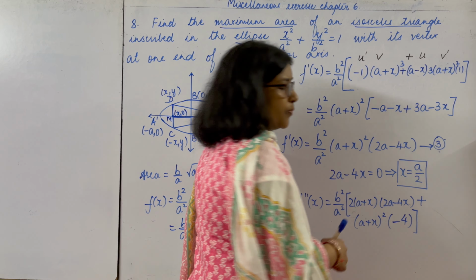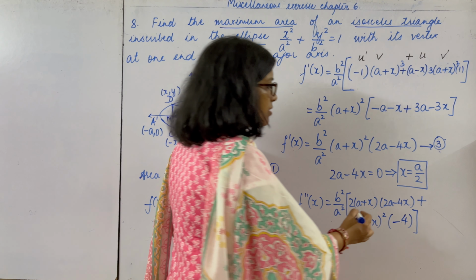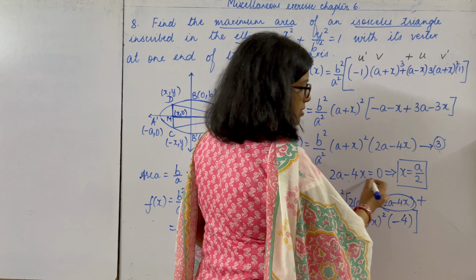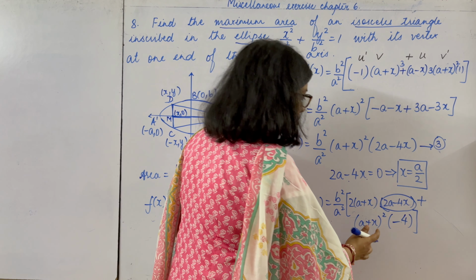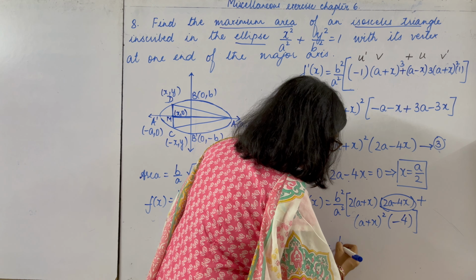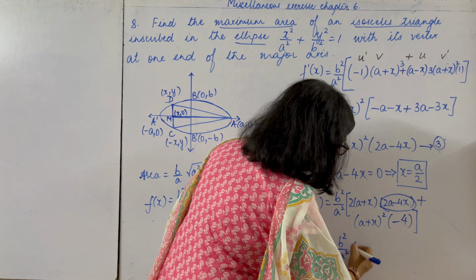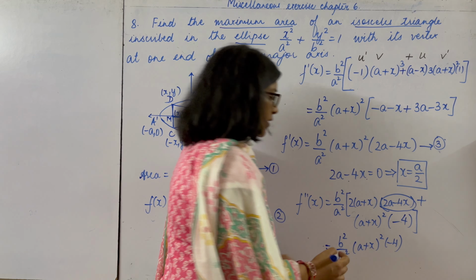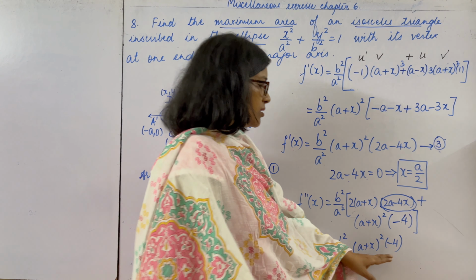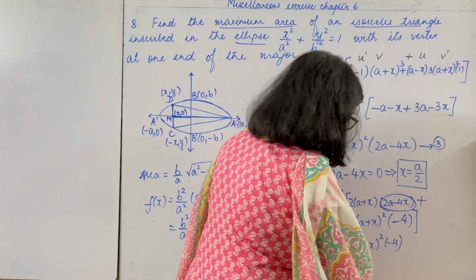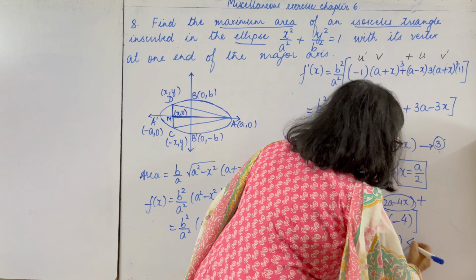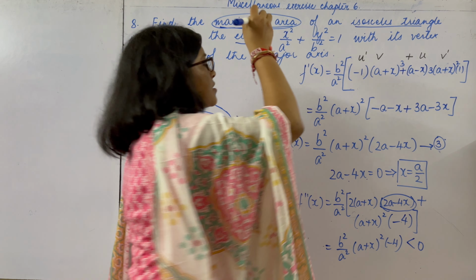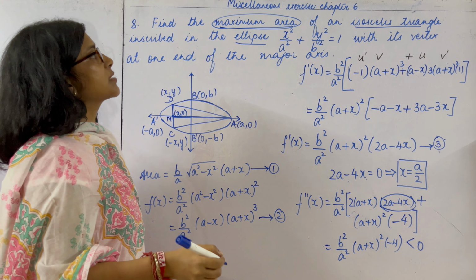So that is minus 4. Now if we see, this term is going to become 0 because of 2a minus 4x, from where we got the critical point. So only this one remains, which is b square upon a square into a plus x whole square into minus 4. Now this is a term which has minus 4, so the product is going to be negative, less than 0, and that brings us to the maximum area. So that shows that the area is maximum.